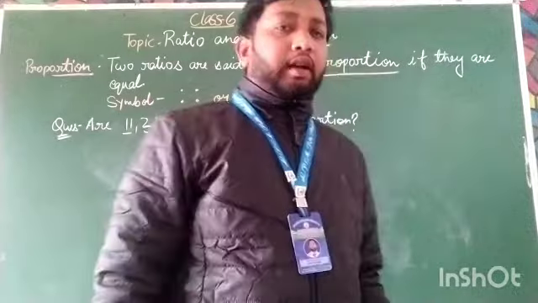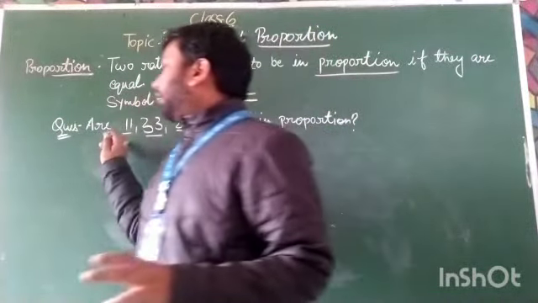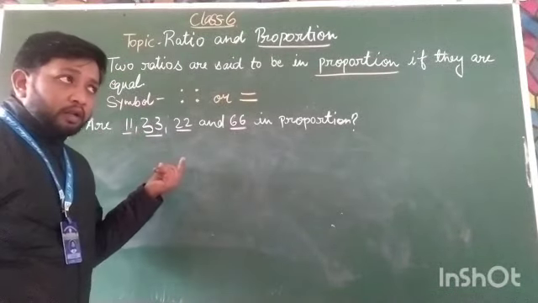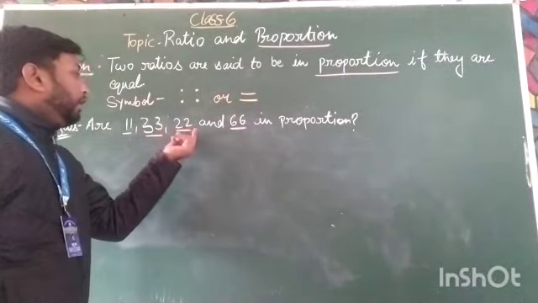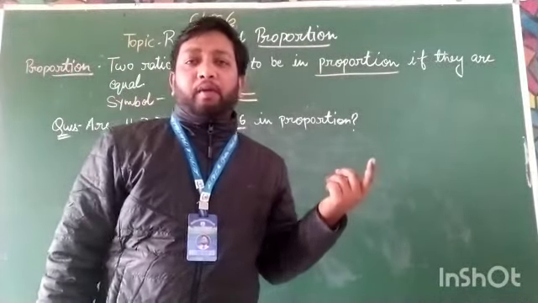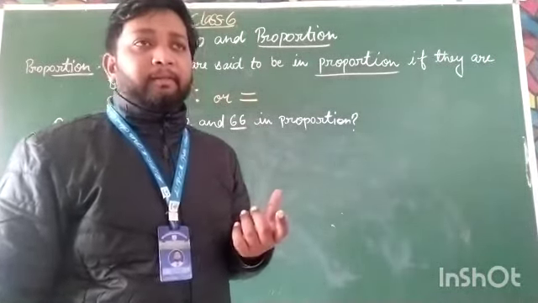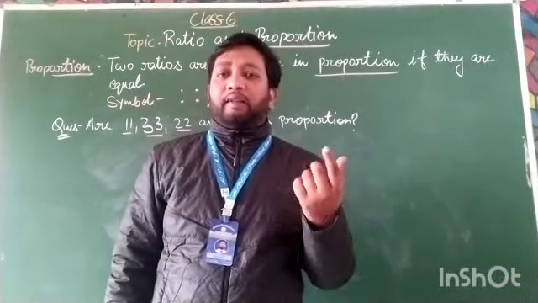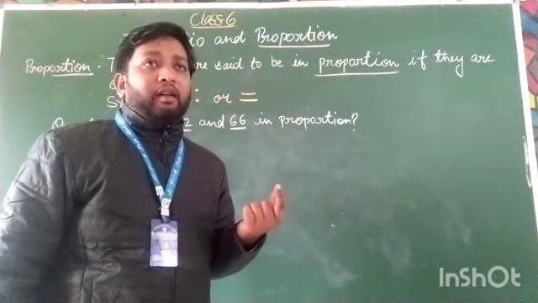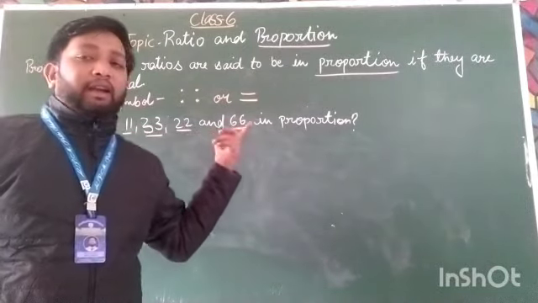So how do we solve that? We take the first two numbers and write them in ratio form, and we write 22 and 66 in ratio form, and we simplify both ratios. If after simplifying, the simplest forms of the ratios are equal, then we can say that these numbers are in proportion.